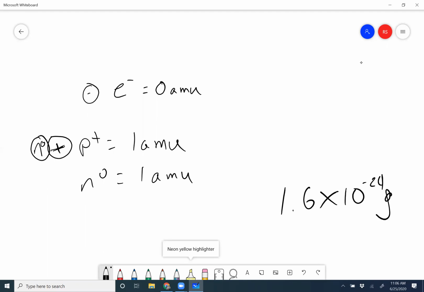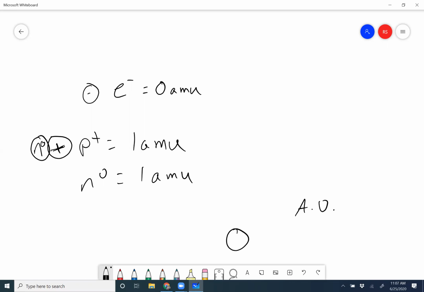We do this a lot in measurements. A good example of this is what we call an AU. If you're interested in how far away something is in space, the distance from the sun to Earth is 1 AU.